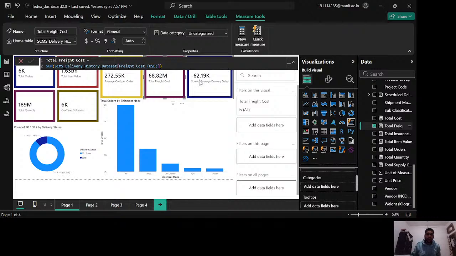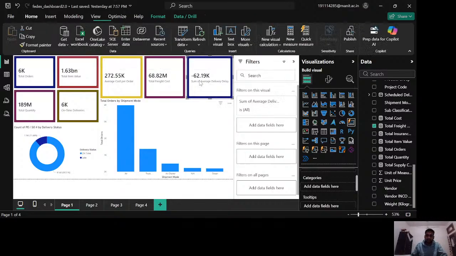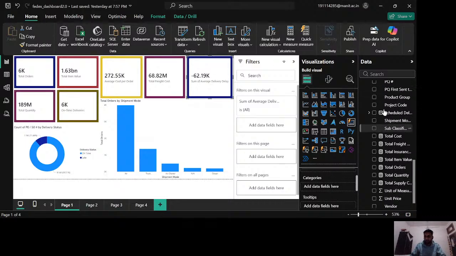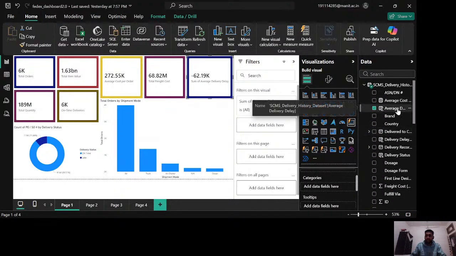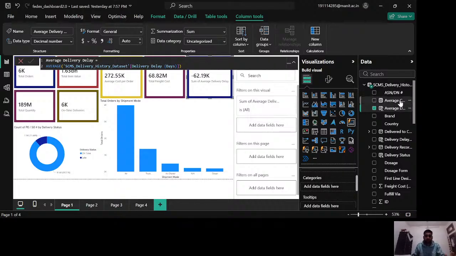Our next KPI is one of the most important factors, which is average delivery delay, because delivery delay is one of the most important parts of any logistical supplies.